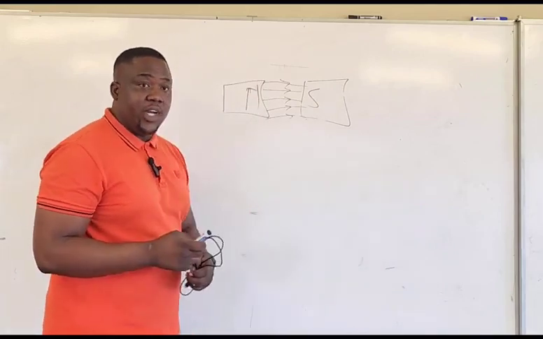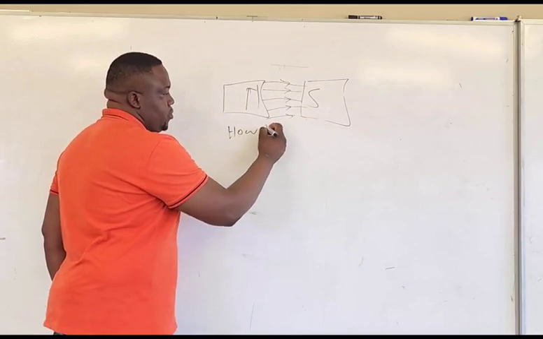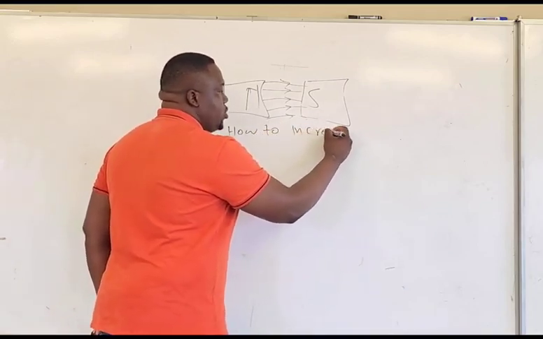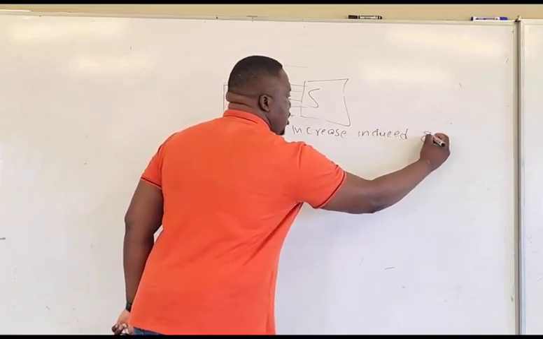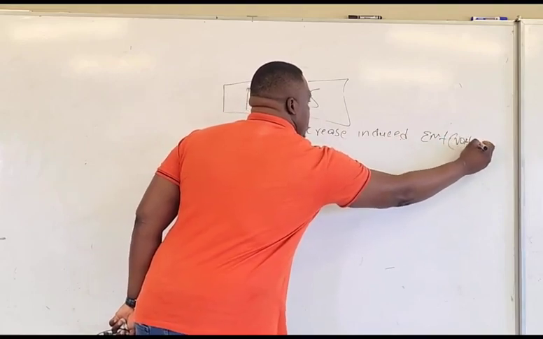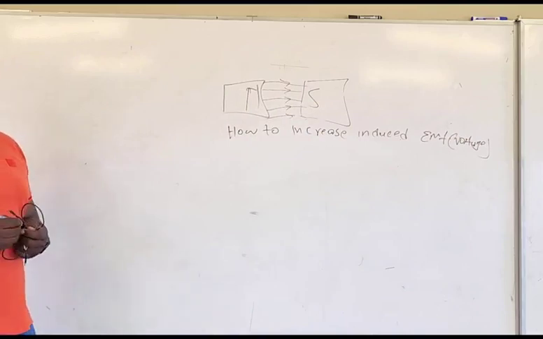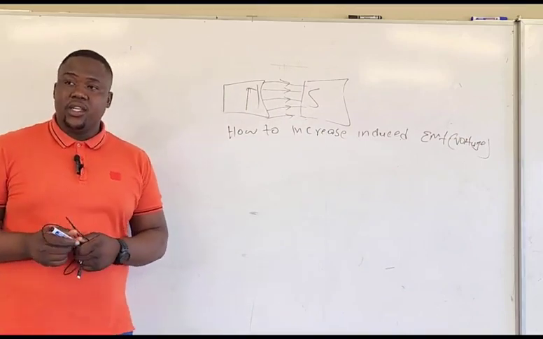So the question may come in the exam where you will be asked how to increase induced EMF or voltage. Because here you want to do what? To increase the voltage that you are producing, that you are inducing.